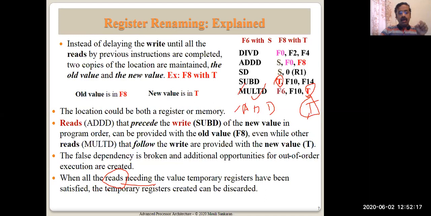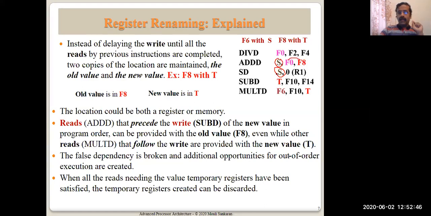So when all the reads needing the value in temporary registers have been satisfied, the temporary registers created can be discarded. What I mean by that is, when will I discard it? Let me explain. This instruction needs the read value which has come from here.